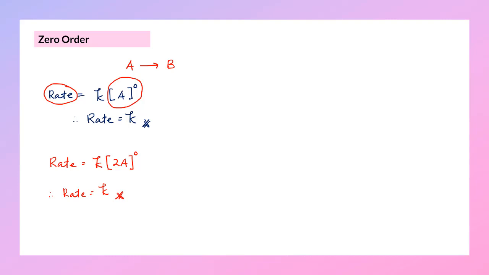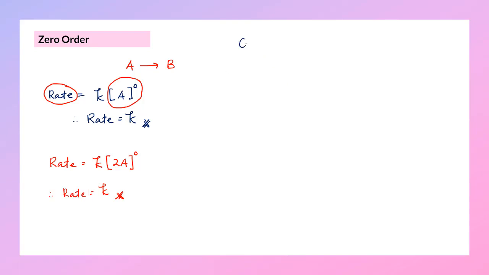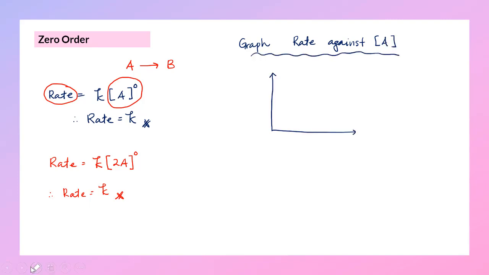Alright, so if I sketch a graph, rate against concentration of A for zero order.